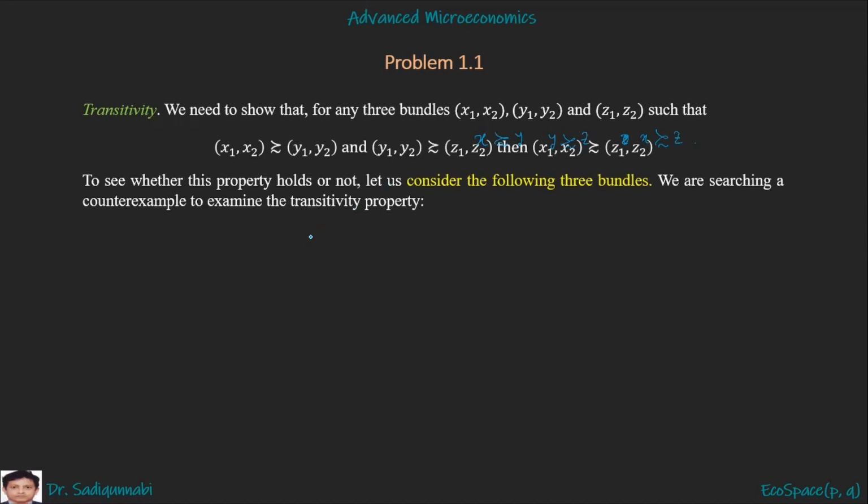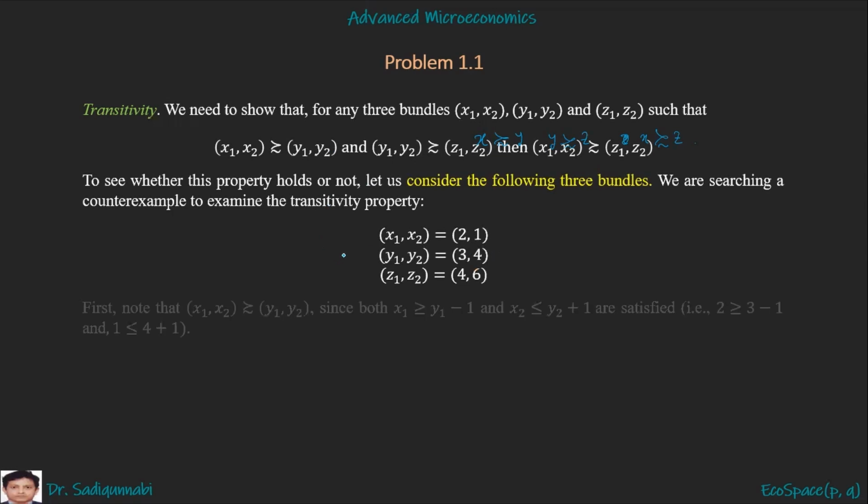We can also use the counterexample to see whether the transitivity property holds or not. So these are the 3 bundles.